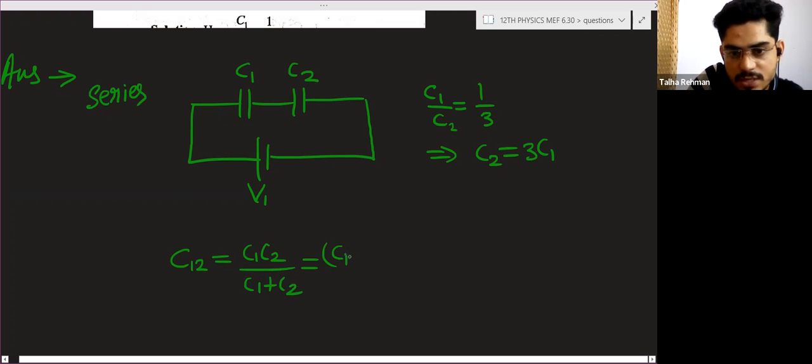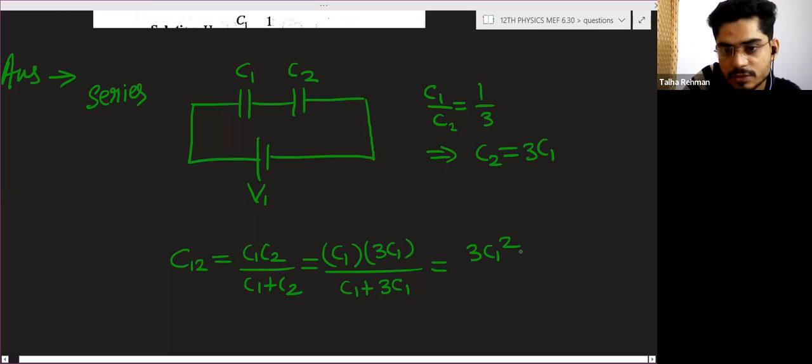C1 is C1 and C2 is 3 times C1. This will become 3 C1 square, and the denominator will become 4 times C1. Now this will become 3 by 4 of C1.